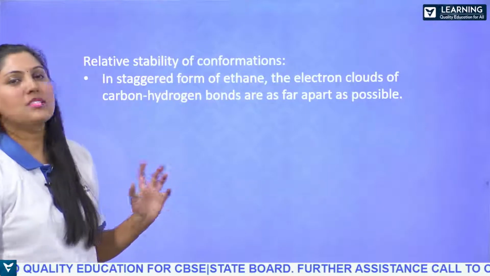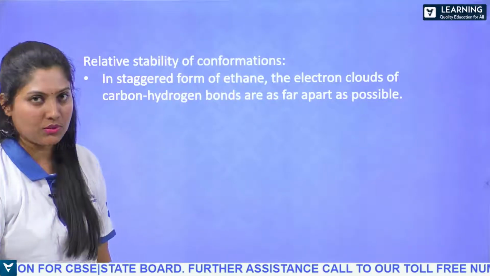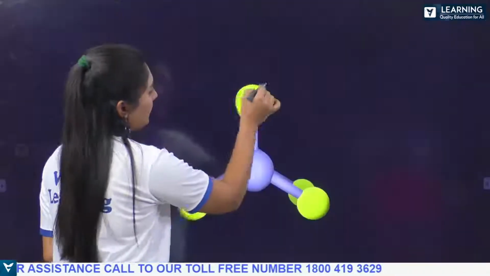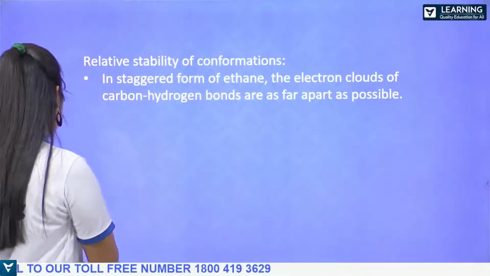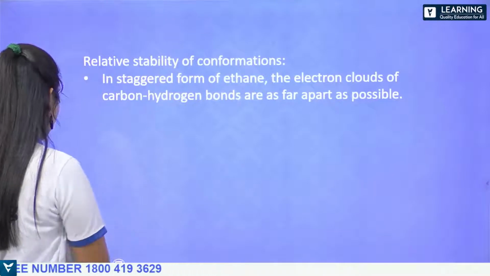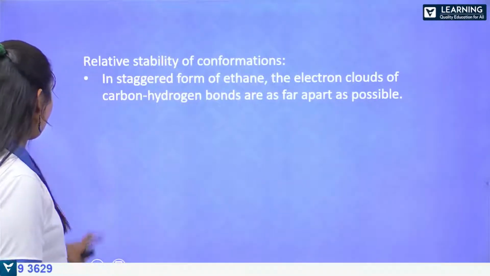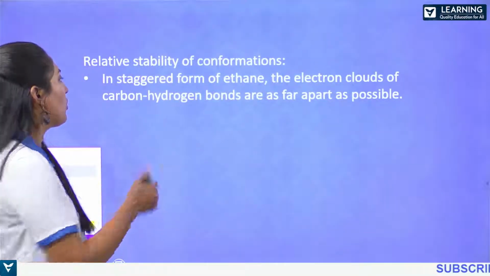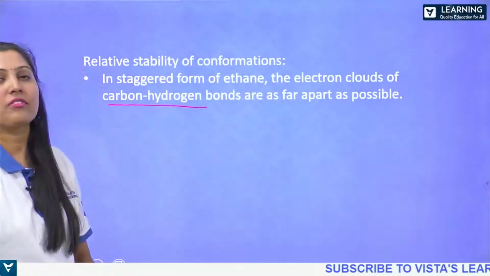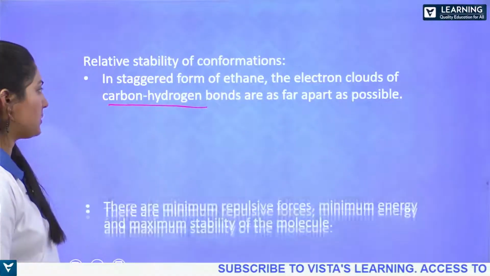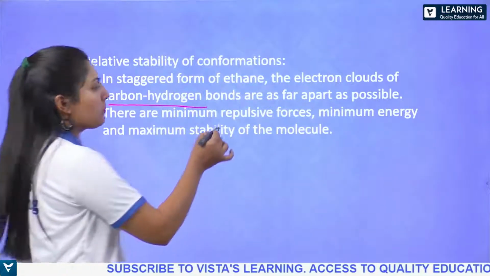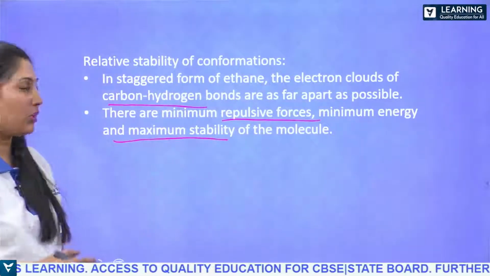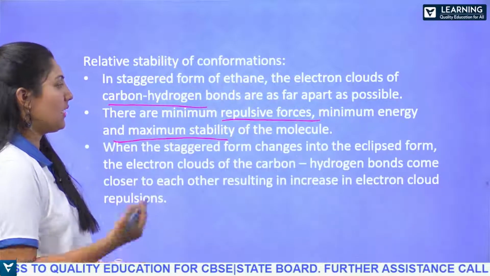So, relative stability of these conformations. In the staggered form of ethane, the electron clouds of the carbon-hydrogen bonds are as far apart as possible, whereas the maximum repulsive forces, or maximum energy and minimum stability of the molecule, will be given by the eclipsed one.